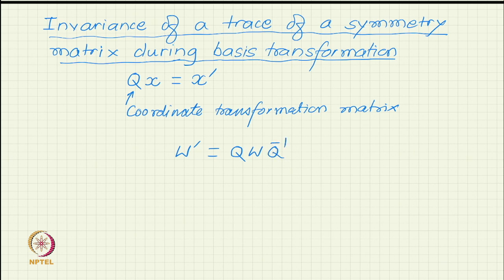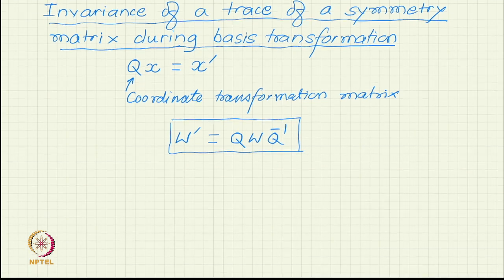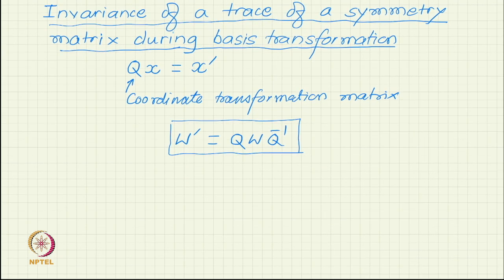This we have established in one of the previous classes, please review that. And when we say that the trace of a matrix does not change, what we are saying is that the numbers of W prime will be different from the numbers of W, but when you add the diagonal terms, they will come out to be the same. So trace W prime should be trace W.